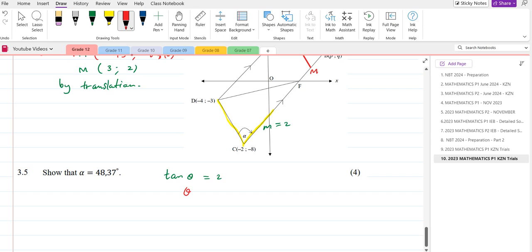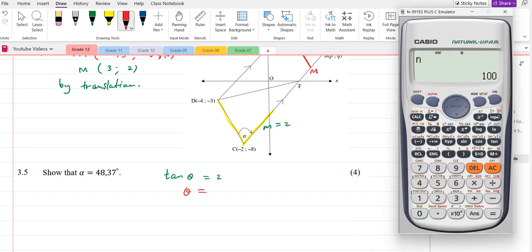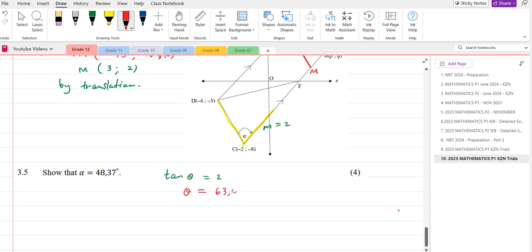Tan theta equals 2, so theta is now tan inverse 2, shift tan 2. That's going to give me 63,43 degrees, right? 63,43. Right, so I've got tan theta equals 2. Now I need to find the gradient of the other line, gradient of DC.